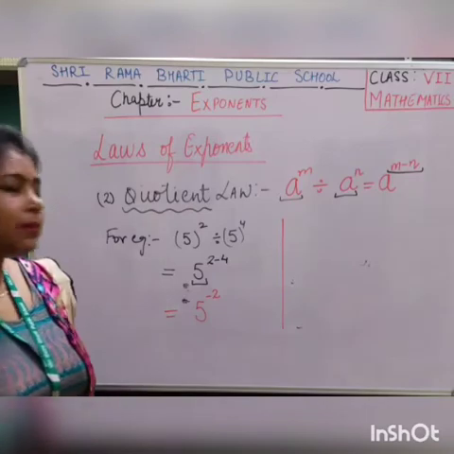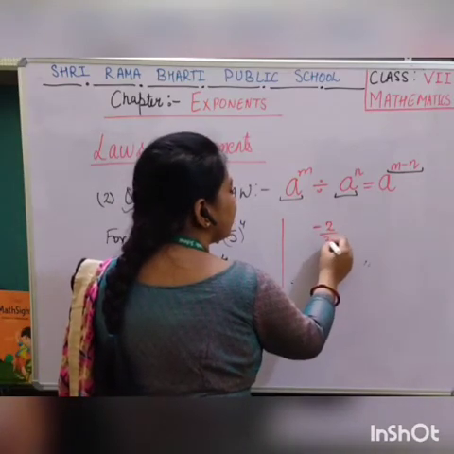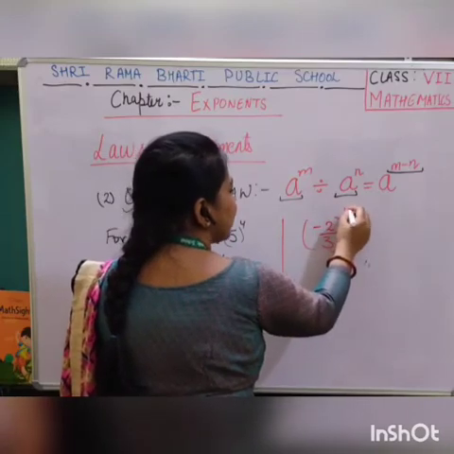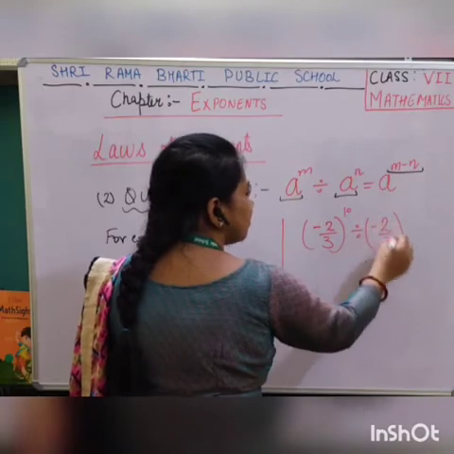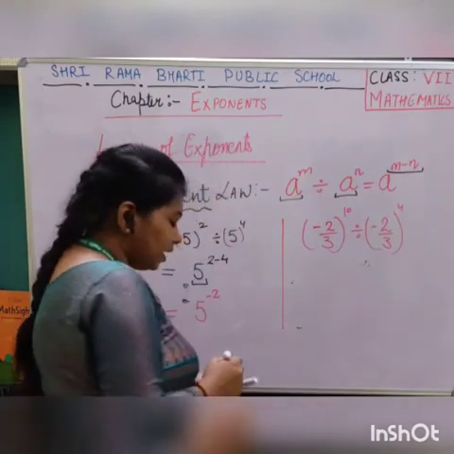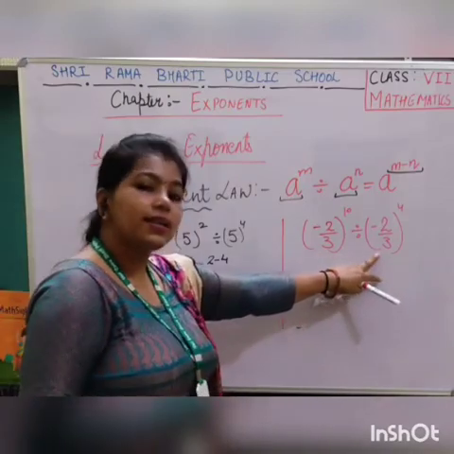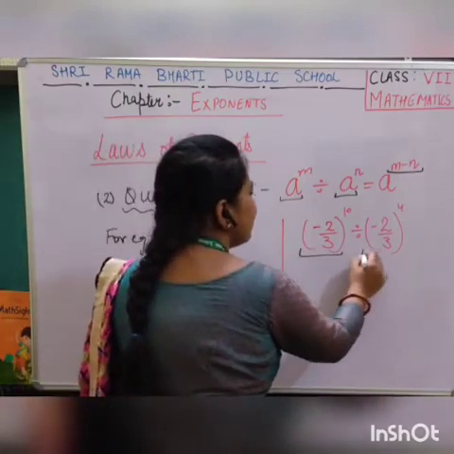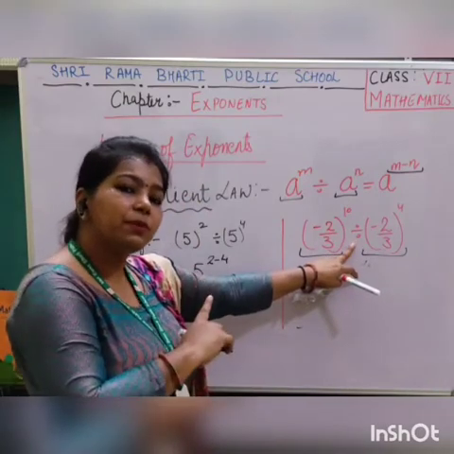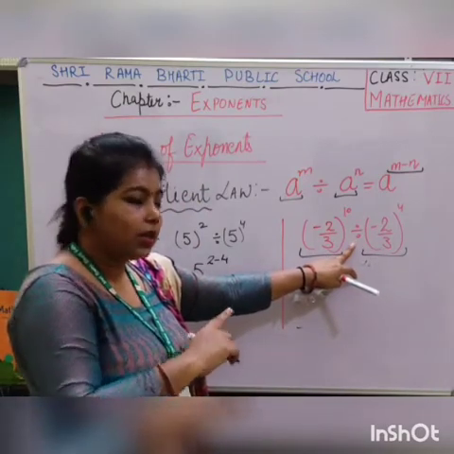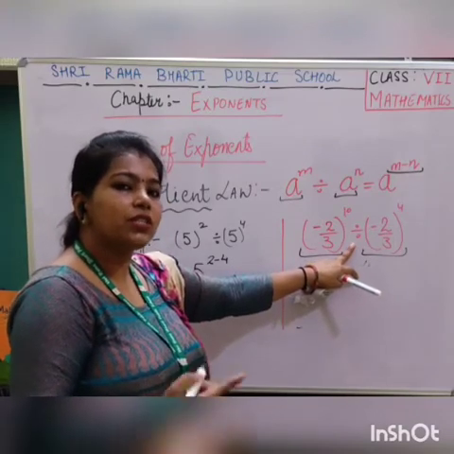Now one more example I will show you. Let's see, the number is again minus 2 upon 3 raised to the power 10 divided by minus 2 upon 3 raised to the power 4. Here again we can notice the bases are same. But instead of multiplying as per the previous law, they are dividing right now. So we will follow the quotient rule.